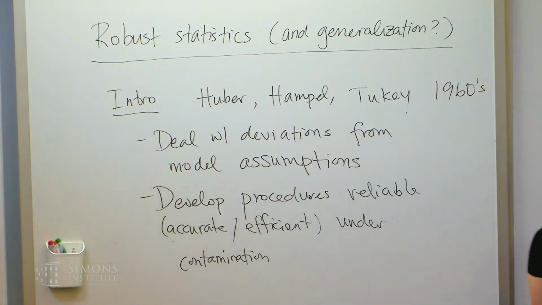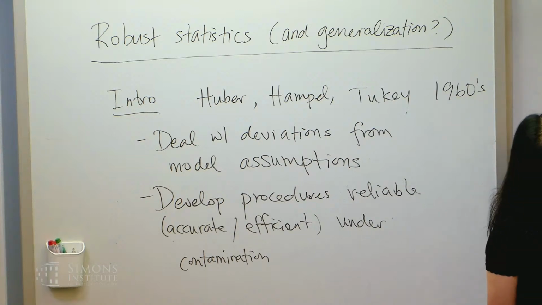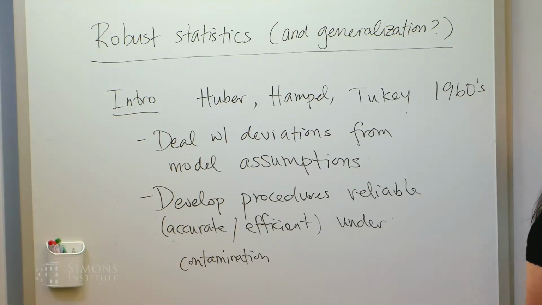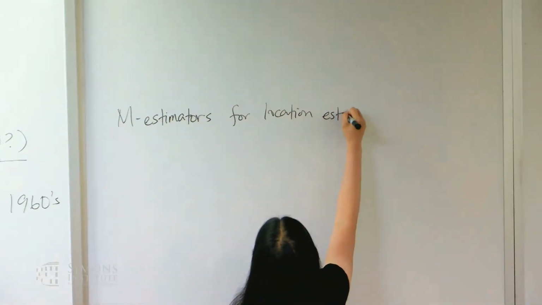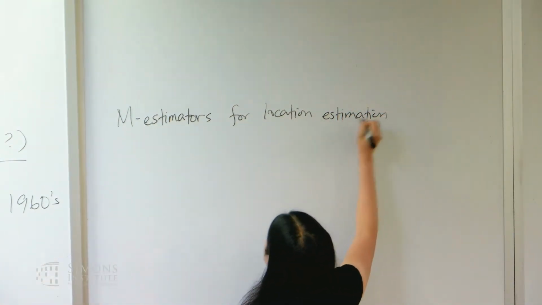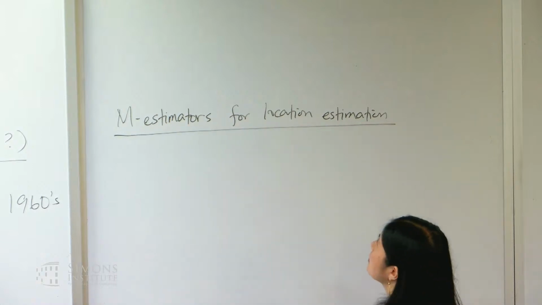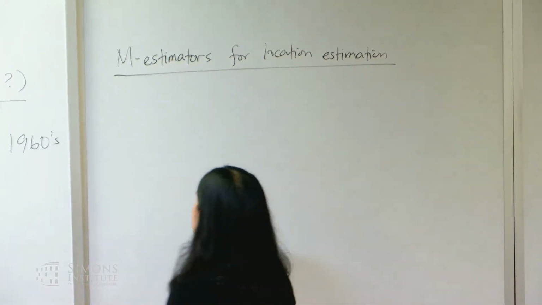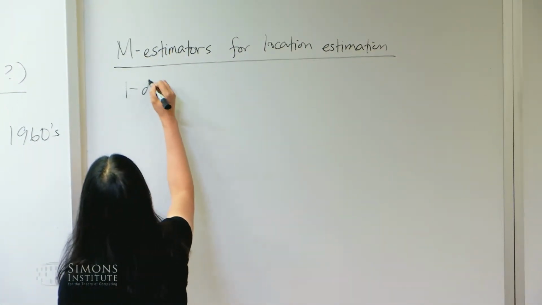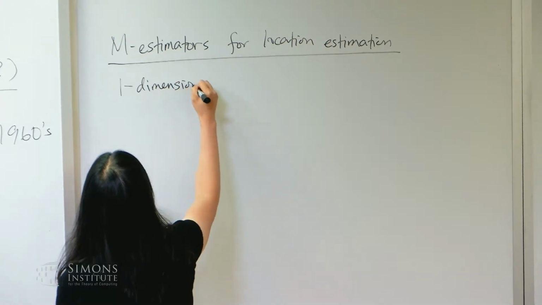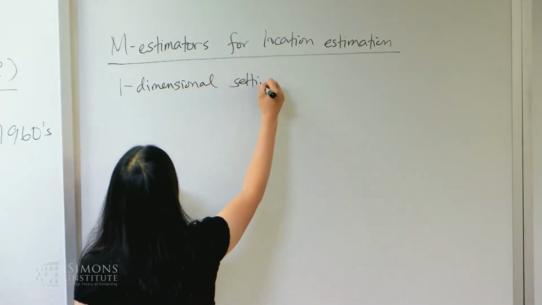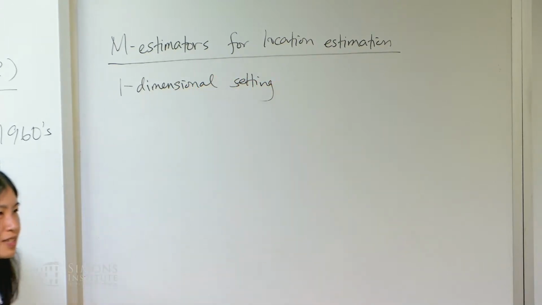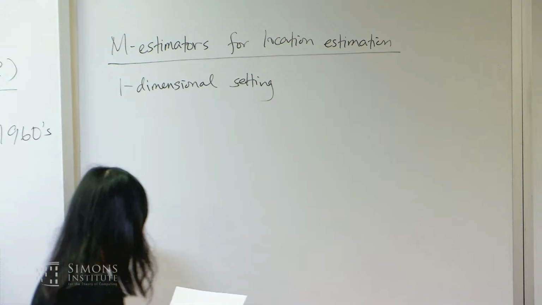So what we're going to open with is M-estimation. Okay, so M-estimators for location estimation. What I'm going to talk about is focusing on the one-dimensional setting. Now, this might seem boring, but there's a lot of elegant and interesting statistical theory that starts from this.